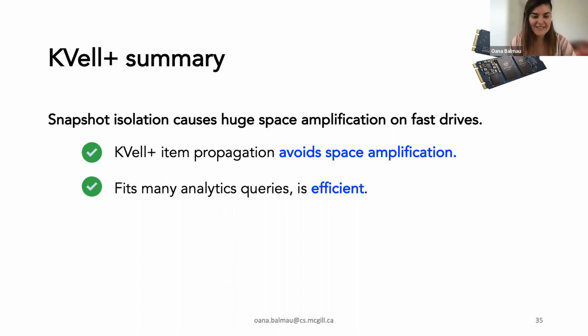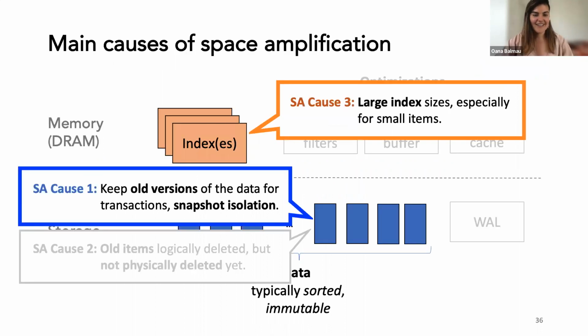So since we had many questions, I would like to go to the learned index part now, and maybe keep the rest of the questions for the discussion session that's planned after the talk, if that's okay with everyone. Yes, that's fine.